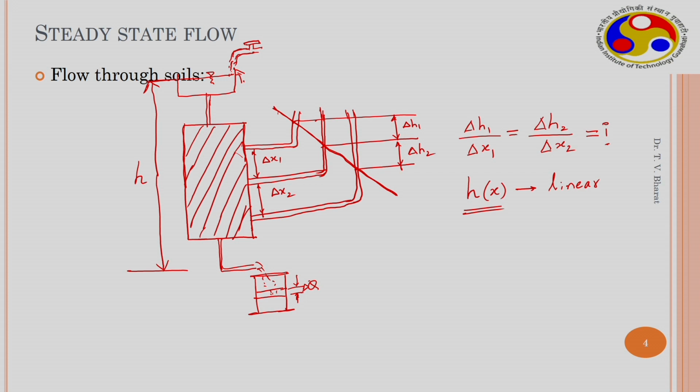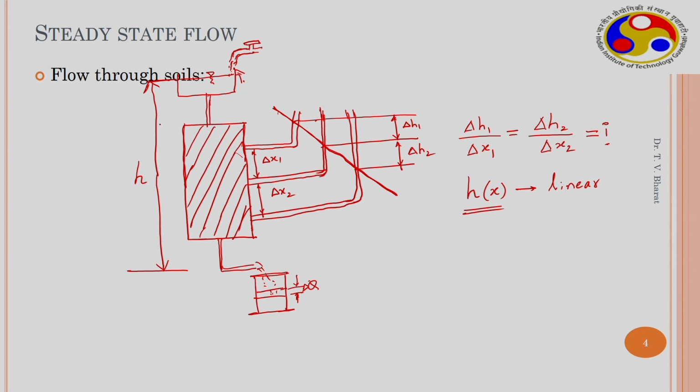But for fine grained soils, the time required for the flow to take place is very large because of the low hydraulic conductivity. We utilize the concept of unsteady state or transient conditions to estimate the hydraulic conductivity. We connect to a burette instead of connecting it to a constant reservoir.